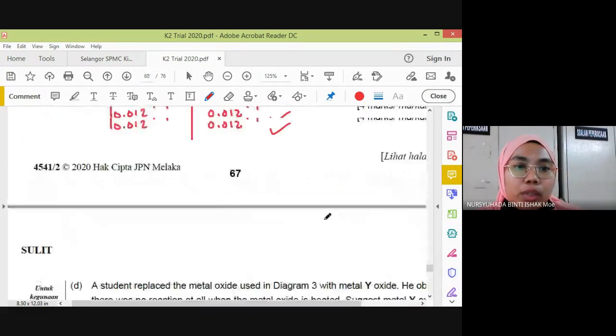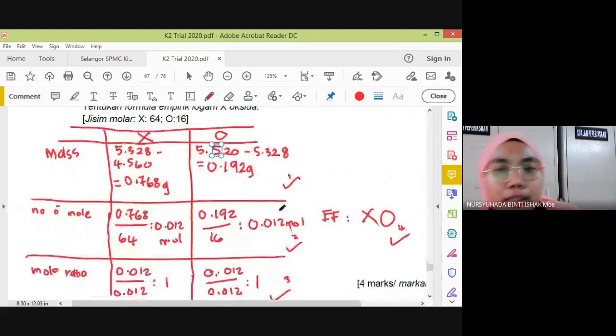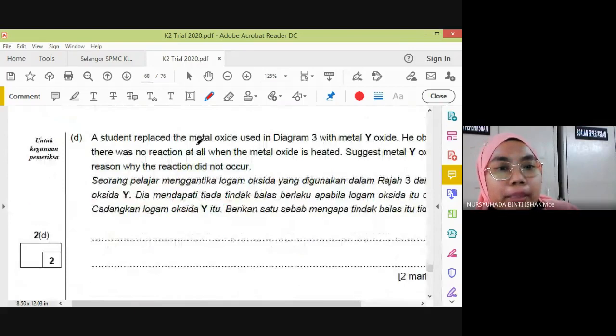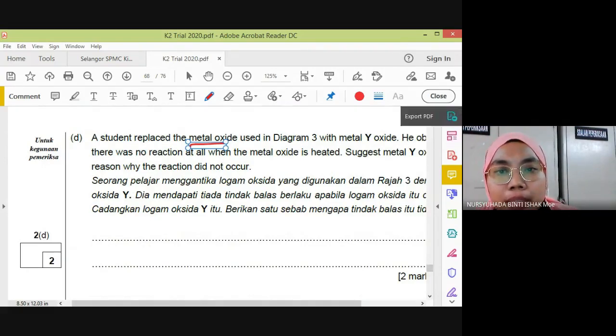Can you all do the calculation? Okay, D. A student replaced the metal oxide used in Diagram 3 with metal white oxide. He observed there was no reaction at all when metal X is heated.